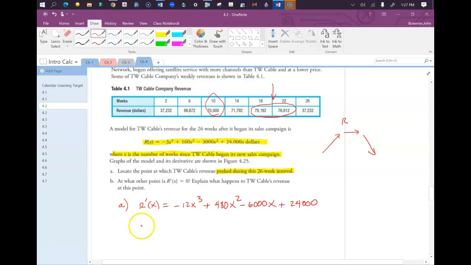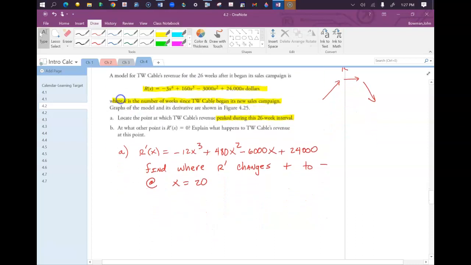So just to recap, we didn't set this equal to 0. We found where R prime changes positive to negative at x equal 20.